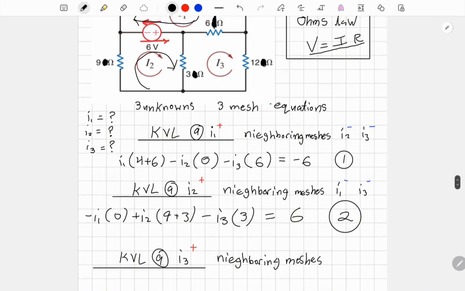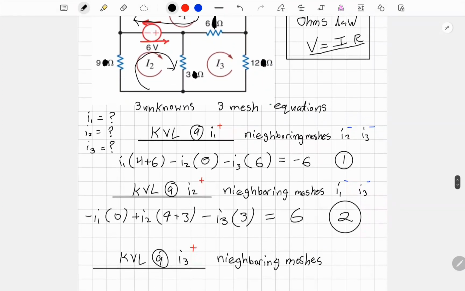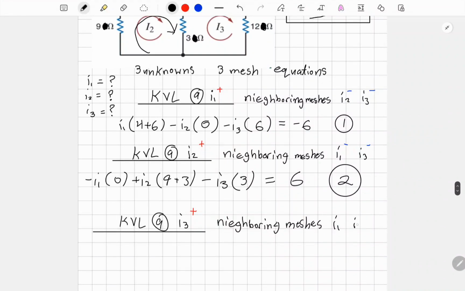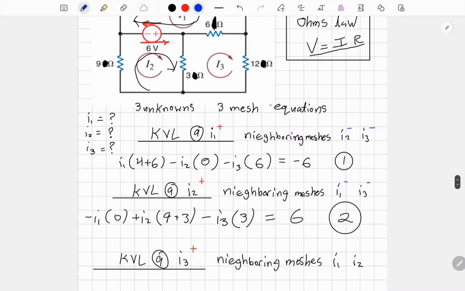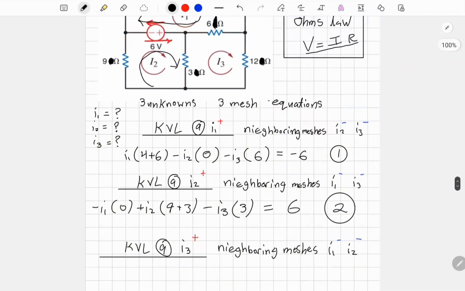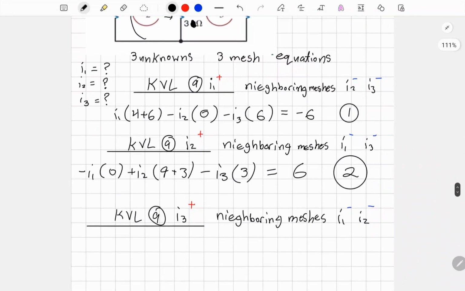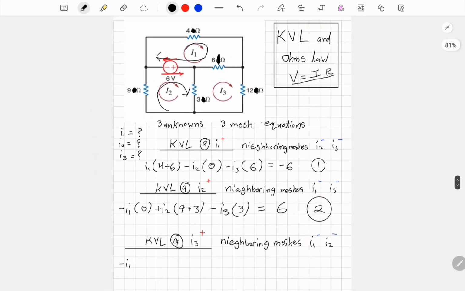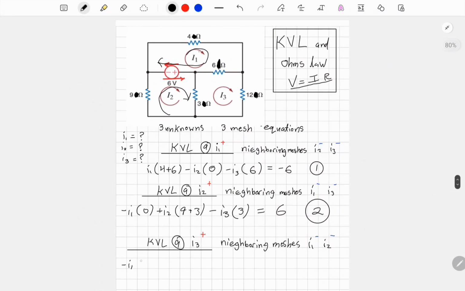So now KVL at I3, and obviously I3 will be positive, and my neighboring meshes will all be negative. So I1 and I2 are neighboring, and they're going to be negative, so minus minus. And now I'm going to be writing my equation starting off with I1, so minus I1 multiplied by the resistors touching I1 and I3.